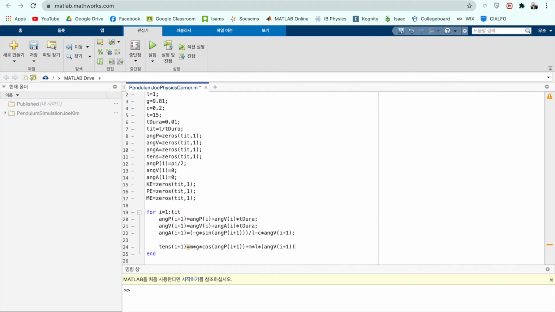I'm going to square a value, and this is a column vector. Keep in mind that everything here is a column vector, so I'm going to use dot square 2, because I can't just square a vector. I need to dot square it.